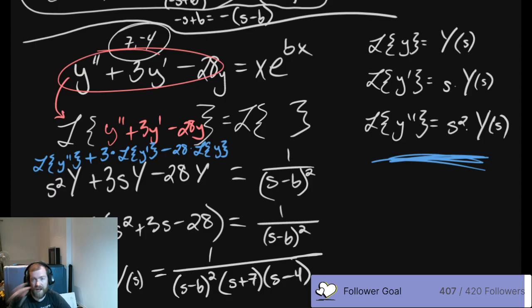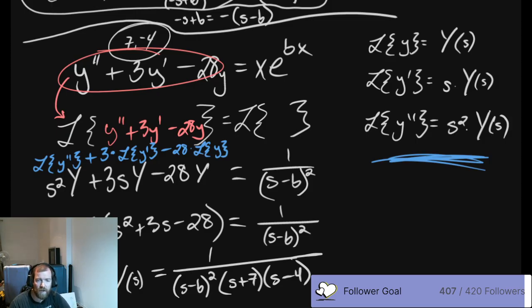So if you practice and go, okay, I'm going to take the Laplace transform integral, and I'm going to do it with this particular function. I'm going to do it with y. I'm going to do it with y prime. I'm going to do it with y double prime. I'm going to do it with some random off-the-wall function like x e to the bx, like we did up above. Figure out what works, what doesn't. What do you get?